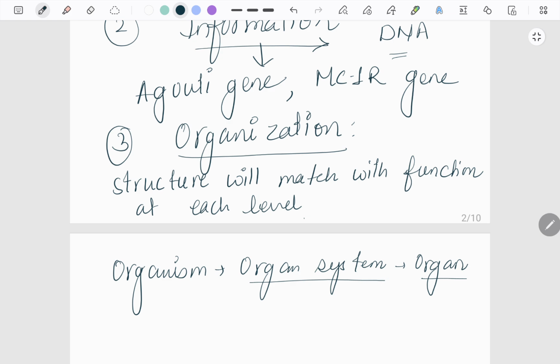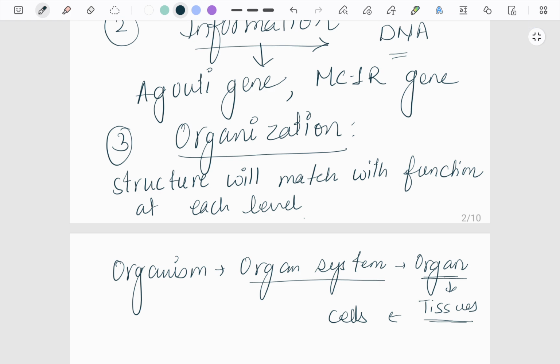Integumentary system, that includes skin, hair, nails, and different glands. Skin is an organ, and an organ is made up of tissues, and tissues will be of different kinds. Skin will have adipose tissue, epithelial tissue, nervous tissue, muscular tissue. All these tissues will be there, and tissues are made up of cells.